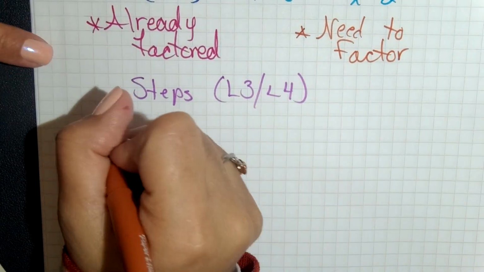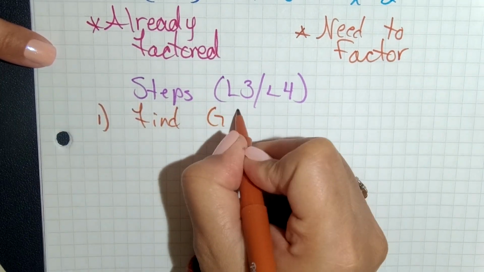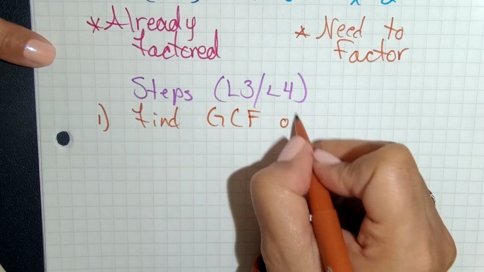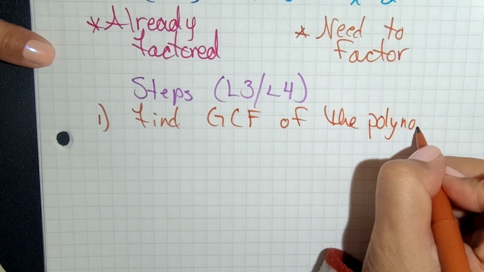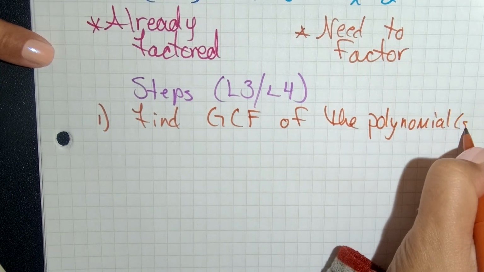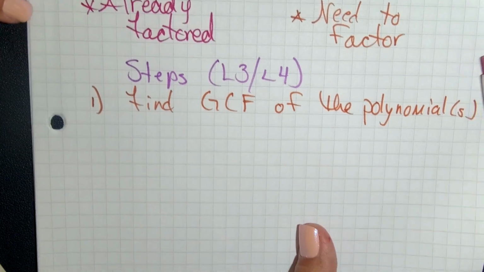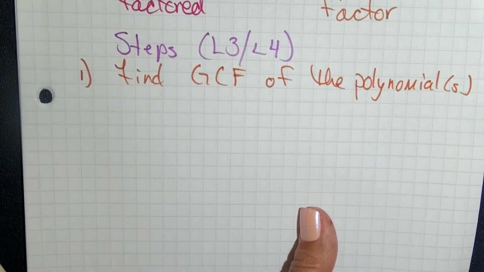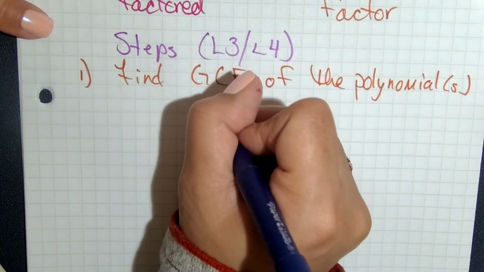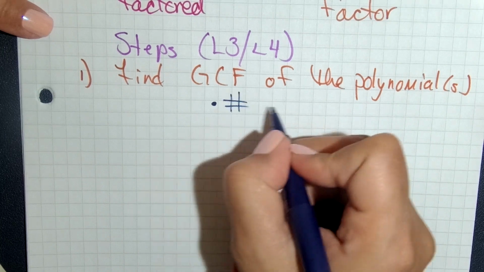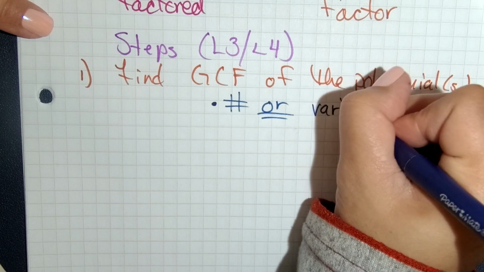All right, your first step is to find the greatest common factor of the polynomial, or polynomials. This can be a number or variables, or both.